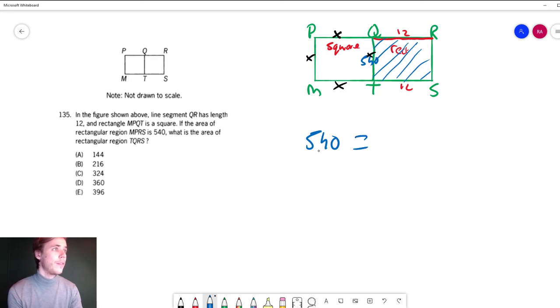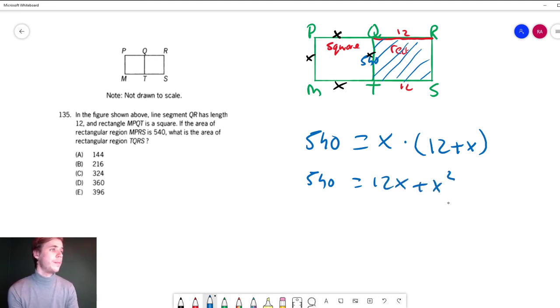So 540 is x times 12 plus x. So 540 is 12x plus x squared.